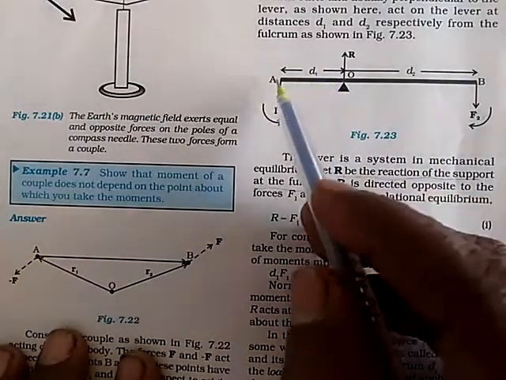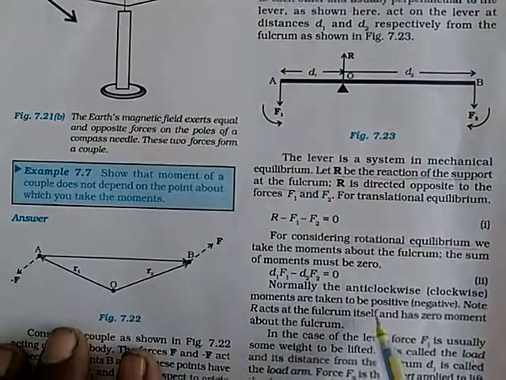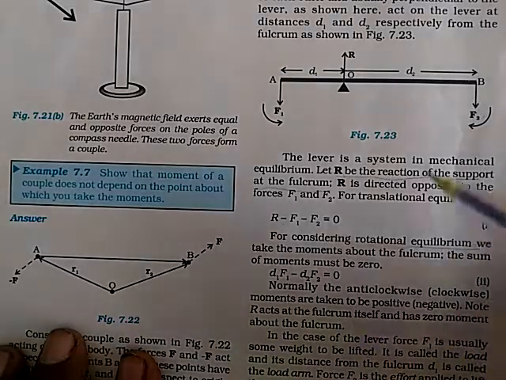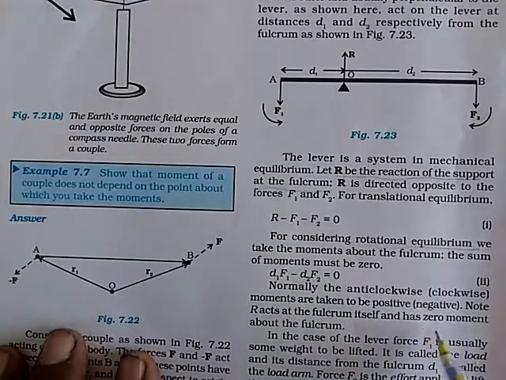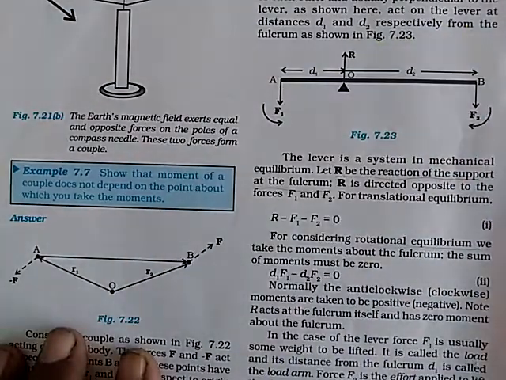That's why we are putting d1 F1 as positive, whereas clockwise is negative. Note, R acts at the fulcrum itself, and has 0 moment about the fulcrum.